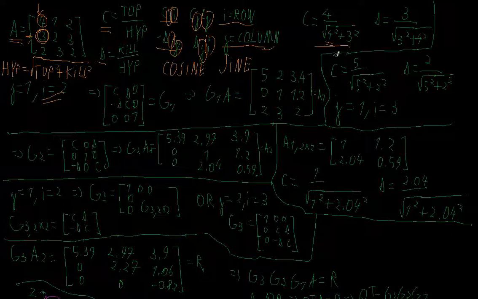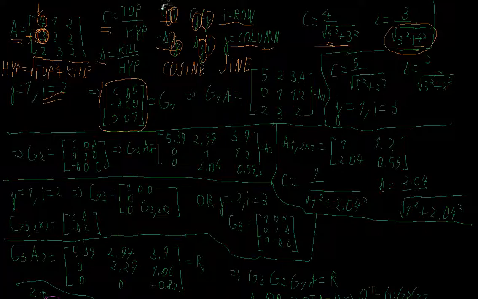So cosine is 4 over the square root of 4 squared plus 3 squared. And our sine is the element you want to kill, so 3, over the square root of this element squared, so 3 squared, and the top element squared, so 4 squared. So the hypotenuse again.